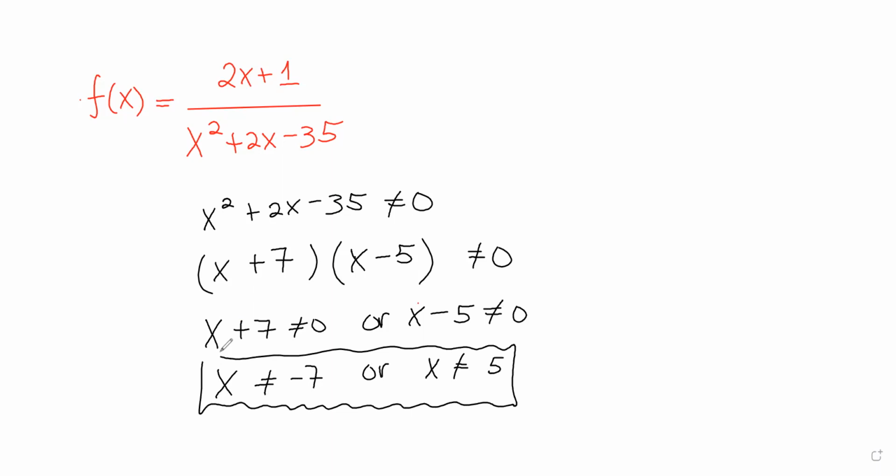Therefore, my domain consists of all numbers on the number line, excluding my restricted values of negative 7 and 5. So I graph all numbers on the number line except those two.